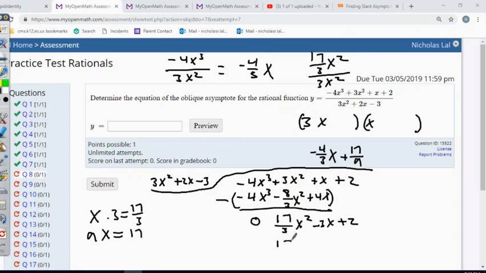So that's 17 over 9 times 3x squared becomes 17 thirds x squared. 17 times 2 is 34, plus 34 ninths x, minus 17 times 3 is 51 ninths. 0, minus 27 ninths plus 34, so that's plus 7 ninths x. 18 minus 51.